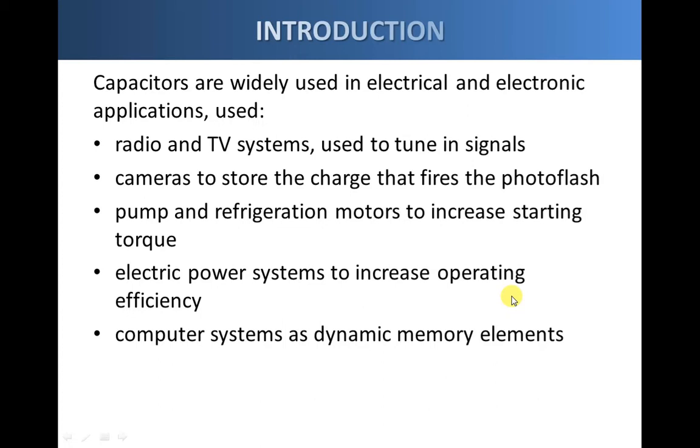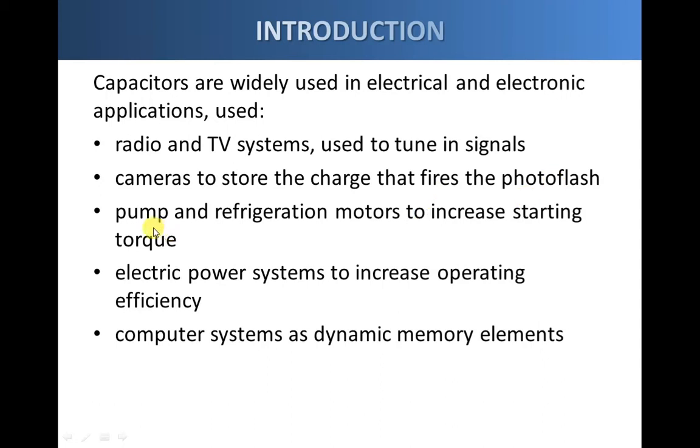Capacitors are widely used in several electrical and electronic equipments. We can find them in radio and TV systems on the tuner stage of these systems. You can also find them in cameras, where they are usually used to charge a device that creates the photo flash of the cameras.